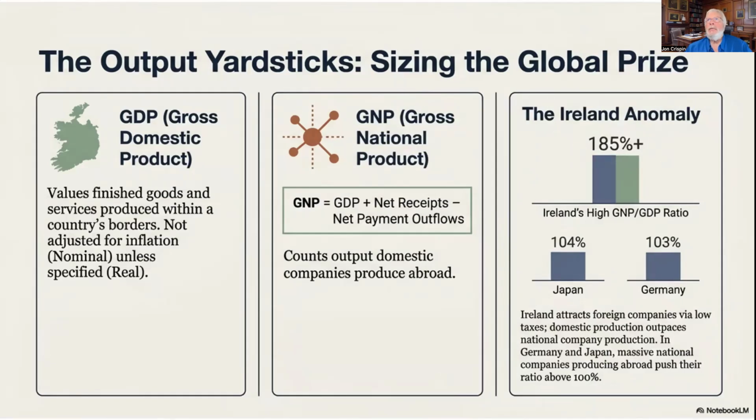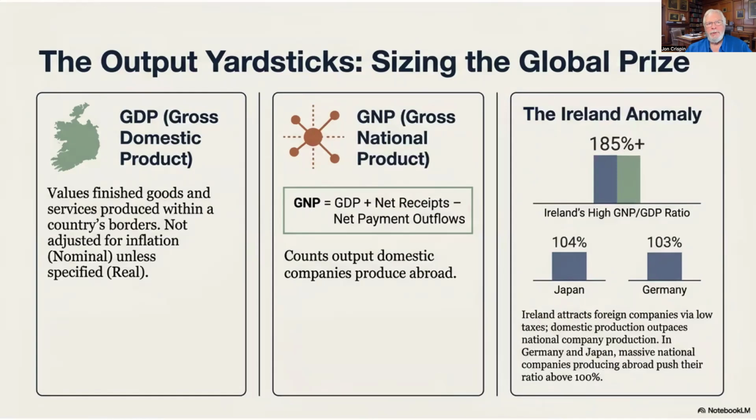The first slide here talks about the different ways to measure how a country is performing. And right away, the first ones that we basically all know are gross domestic product and gross national product. Well, what's the difference?